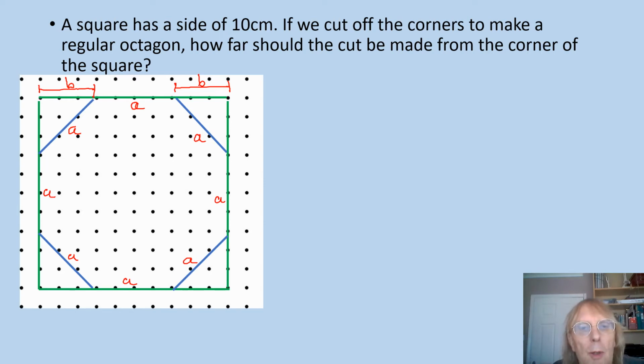So if we look at that, we can make an equation out of this. A plus 2B is going to equal 10, because it's 10 centimetres long. So we can get A in terms of B, or we can get B in terms of A, but that's all we've got at the moment. So we'll call that equation 1. And I think we're going to have to find a second one.